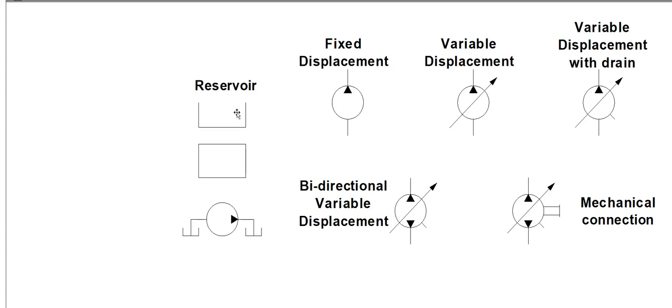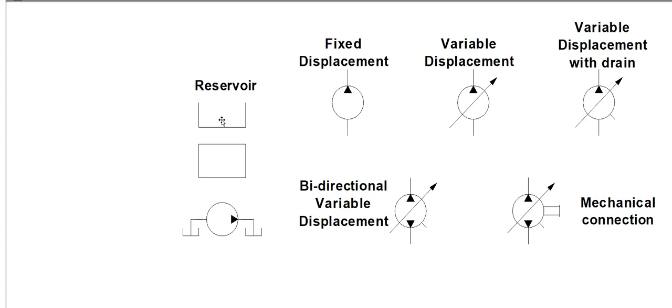Now, when you have reservoirs on a schematic, it's not just going to be one reservoir and all the lines have to go back to that reservoir. That would make the schematic look really busy and it would be a big mess, because you'd have a lot of return lines going across a whole bunch of different components, which would really clutter it up. So what we do is we'll just have reservoirs located all over the schematic.